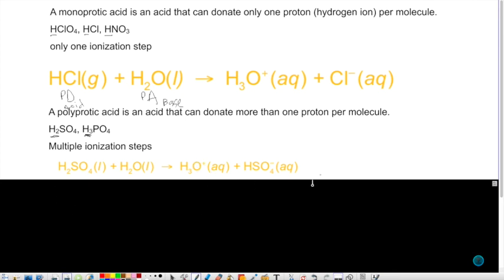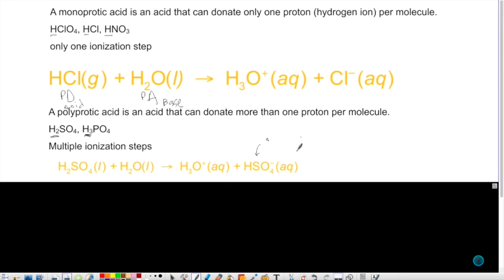So our charge balance is fine, but I create this HSO4 minus species. Species is a term that I'll use a lot in this chapter. It's just a scientific way of saying thing.